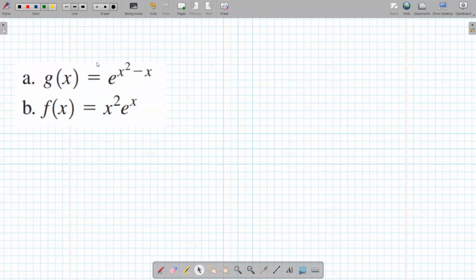Okay, understand the notation, all right? If you understand the notation, that's what math is basically. It's like a code. If you understand the notation, your life will be so much easier. So this is what you do. Let's say you have some function y equals e to the f of x, where f of x for us right now is going to be x squared minus x. The derivative of this, y prime, is going to be the exact same thing, e to the f of x, just drop it down, times f prime of x.